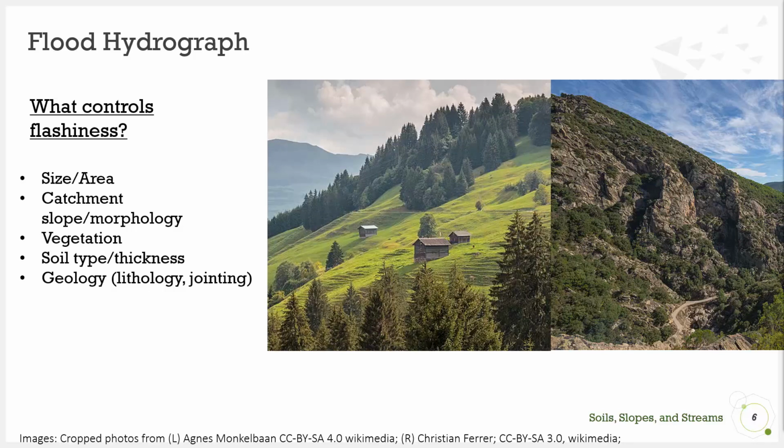Geology can also influence water flow because some rocks are less weatherable. Some deep fractures and joints can transmit water through the subsurface. And all of these variables together influence the flashiness or subdued nature of the stream.